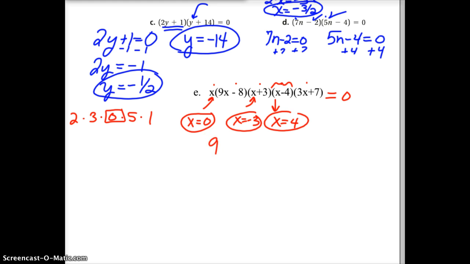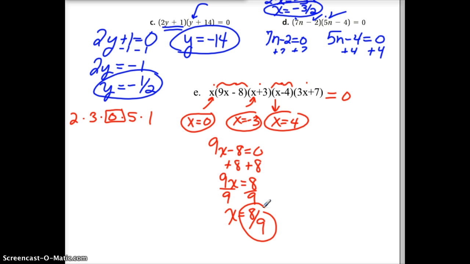The other 2, I set 9x minus 8 equal to 0, this piece, and I solve by using my linear algebra skills, and 8 divided by 9. 8/9 is another solution, and my last solution will come from setting 3x plus 7 equaling 0. And again, it's addition, so I subtract.